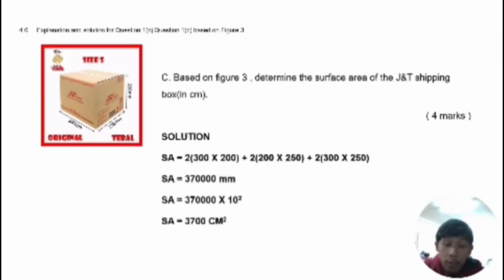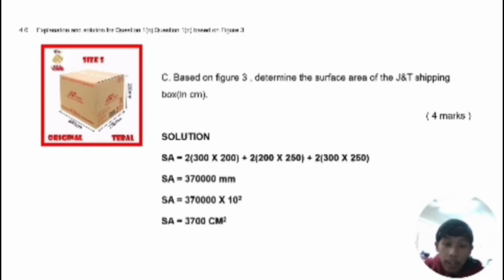So we have to use the formula of area for every part of the box. So why do we multiply by 2 for every part? It is because the box has similar parts, two similar parts. So that is why we multiply by 2 for every part.